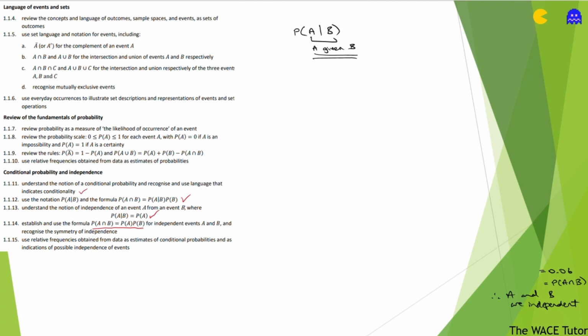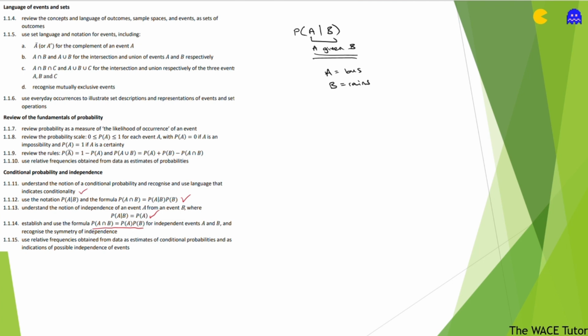Let's say A is the event I take the bus to school, and B is the event that it rains. You can probably guess that these are dependent events. That is, the event that it rains affects the probability that I take the bus.